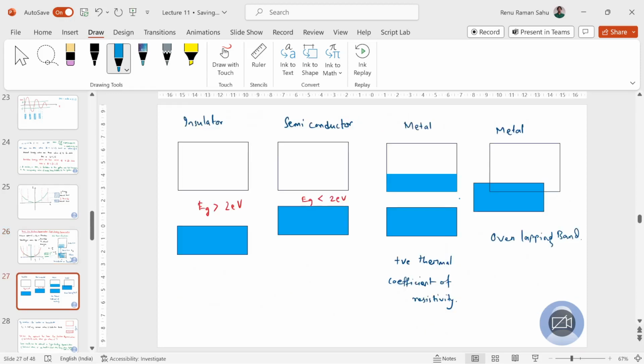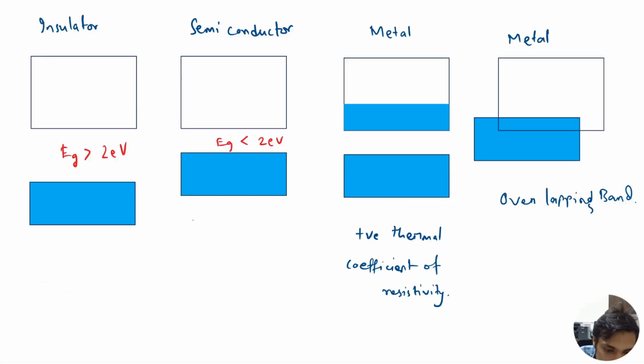So when I am drawing this big blue energy band, it means that these are very closely spaced energy levels, and all of these are filled. The next band also has a lot of states, but these are not filled. These are also closely spaced states but not filled.